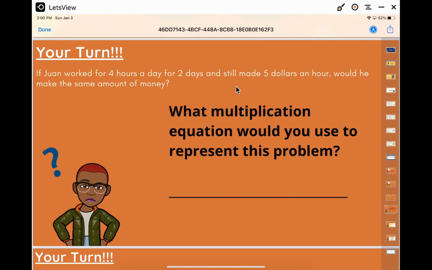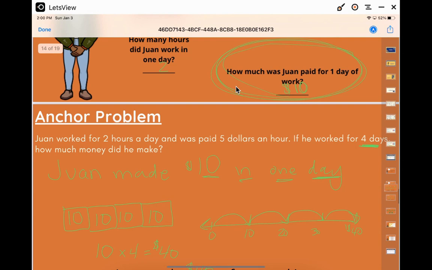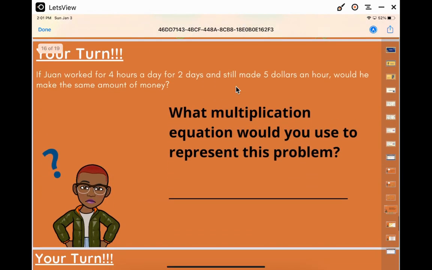Let me remind you, in our first problem, Juan worked 2 hours a day, was paid $5 an hour, and he did this over 4 days. In our problem now, Juan works 4 hours a day for 2 days, and he makes $5 an hour. And the question is, would he make the same amount of money?